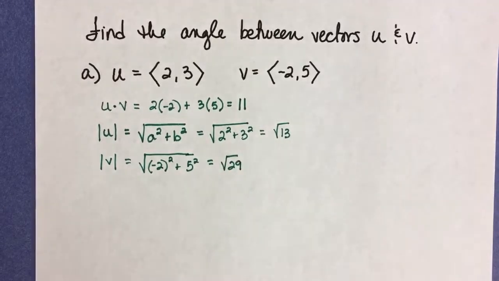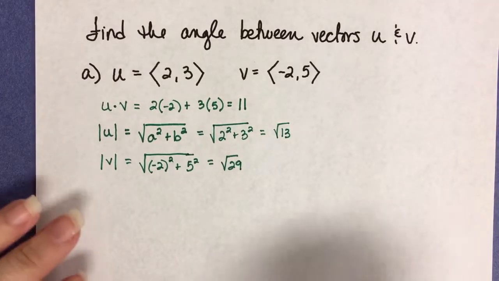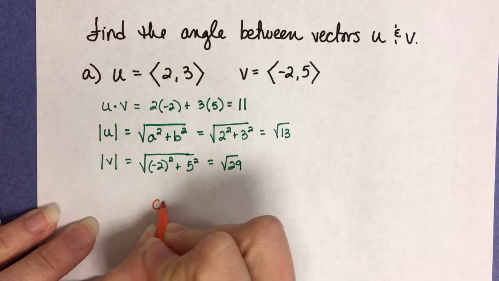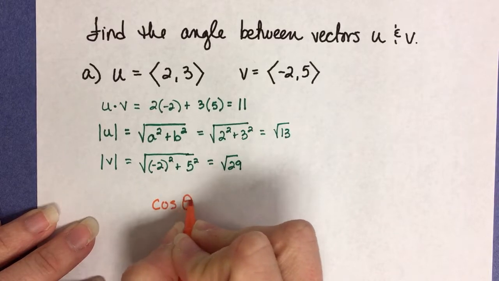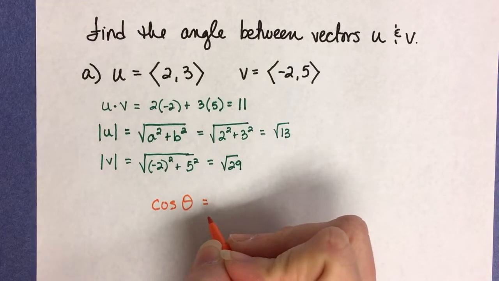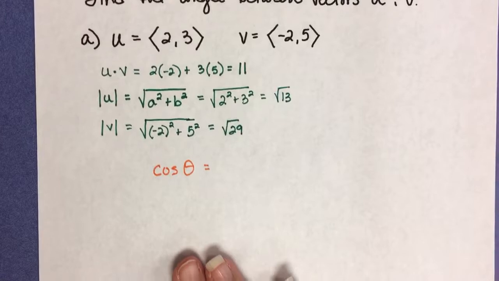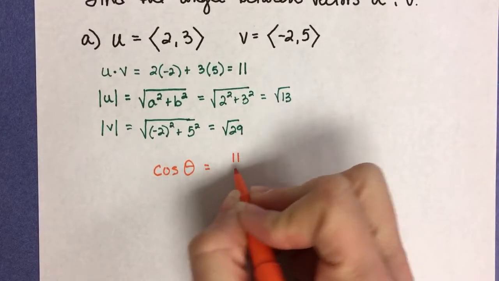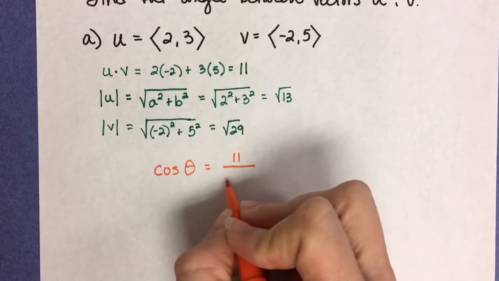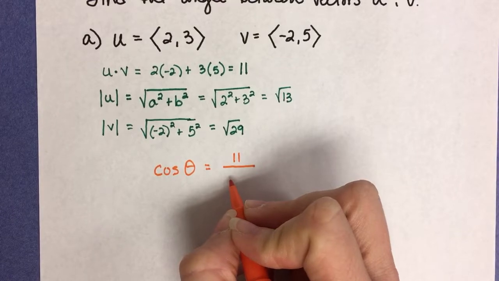Now, taking this information, let's put it into the formula that I had up here just a few minutes ago. So I would have cosine theta equals, so the dot product is your numerator, and you divide that by the product of the magnitudes.